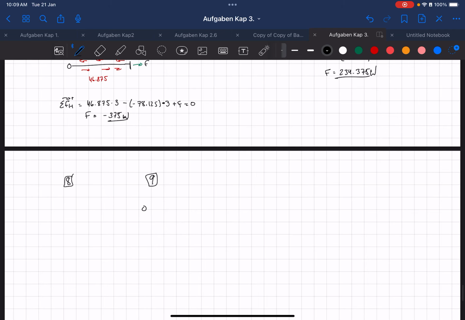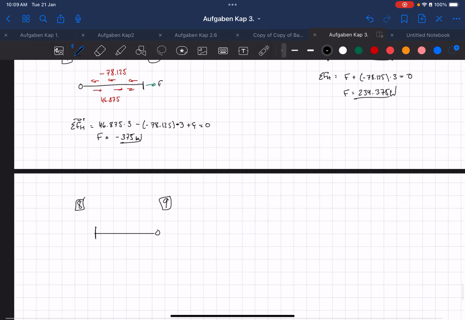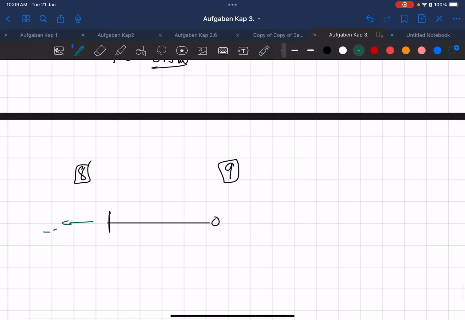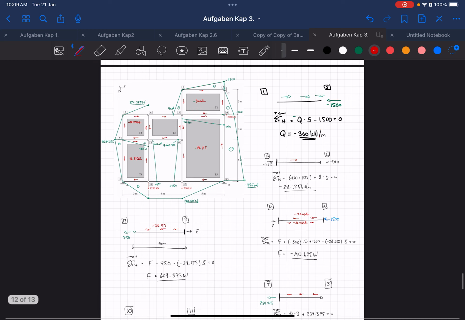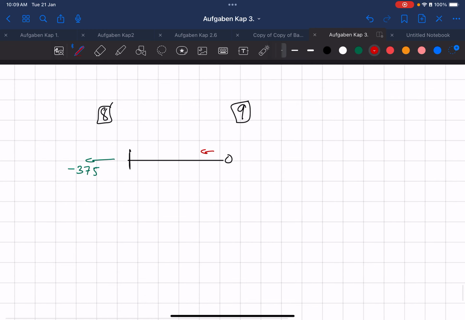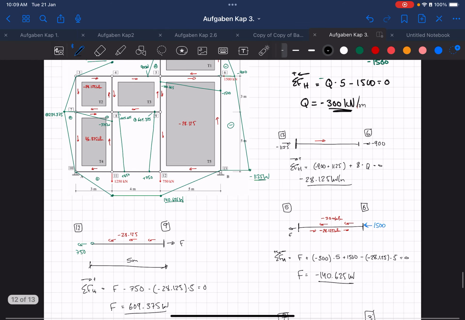I'm gonna be looking this way. And I know that this is minus 375, and I have only this distance of 4.